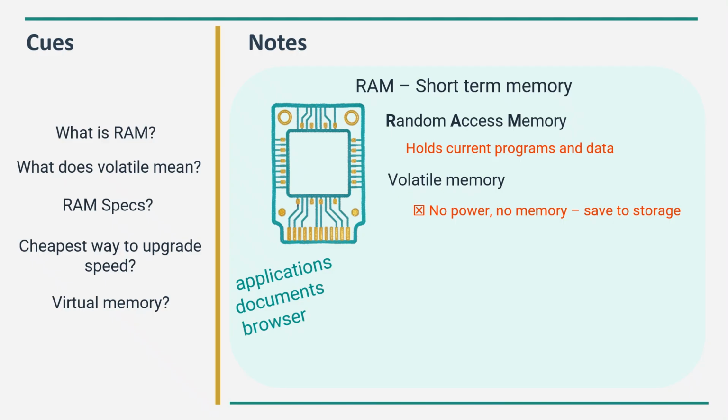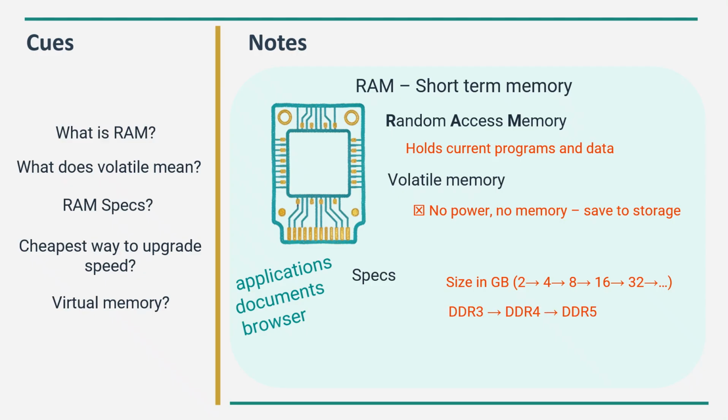Just like working memory, if you try to juggle too many thoughts at once, you slow down. Same with computers. If the RAM is too small, everything feels slow, even with a fast CPU. In specs, you can see the capacity or the size in gigabytes, and it's usually in multiples of 2.